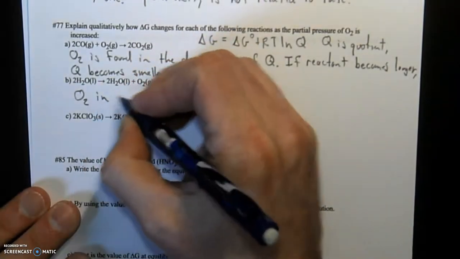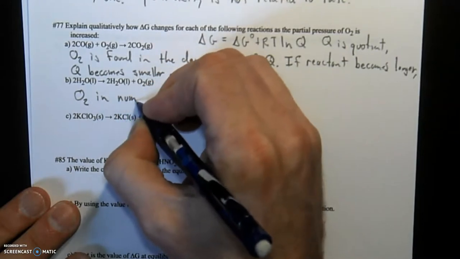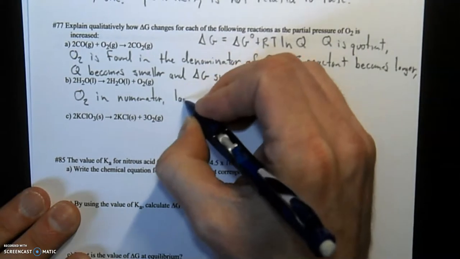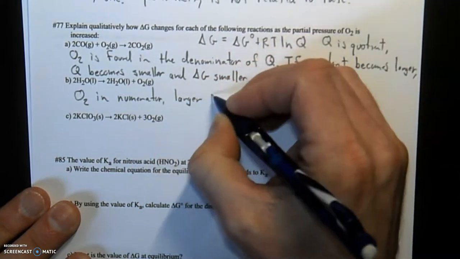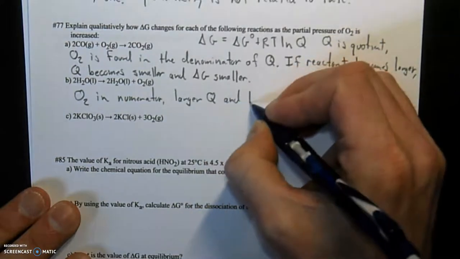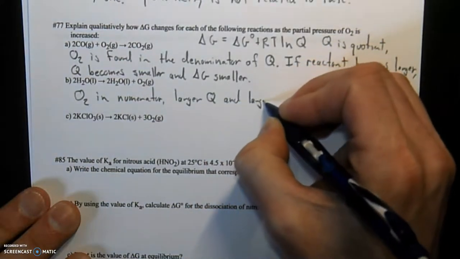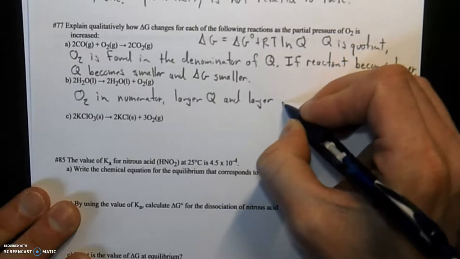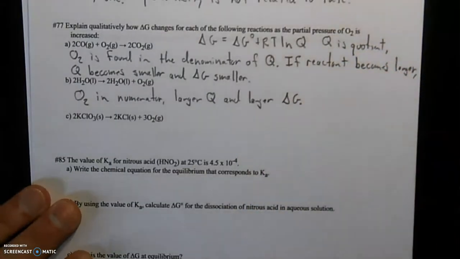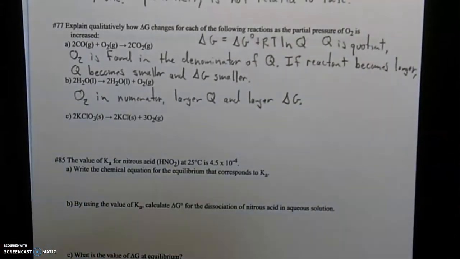Oxygen is in the numerator, and therefore I get a larger Q, and as a result, a larger delta G. So it is more positive or less negative.